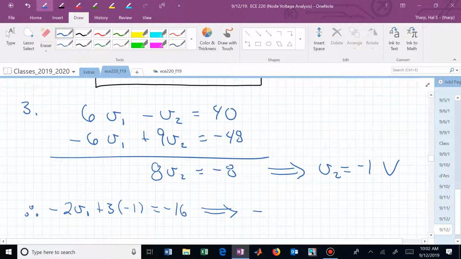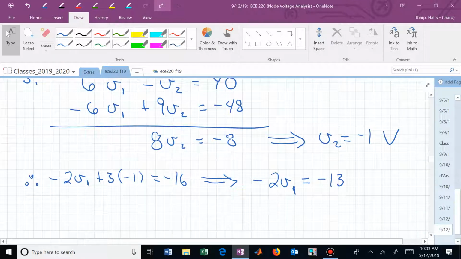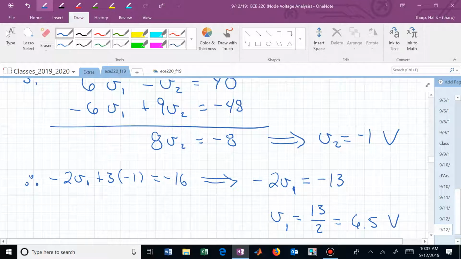Or I now have minus 2V1 equal to minus 13. Or V1 is 13 over 2 volts, or 6.5 volts.